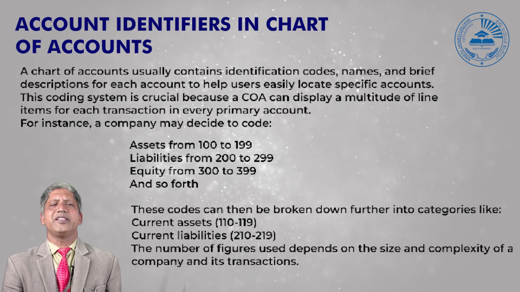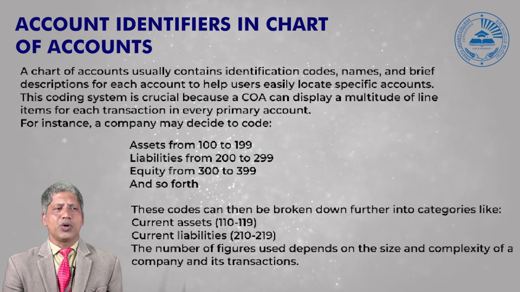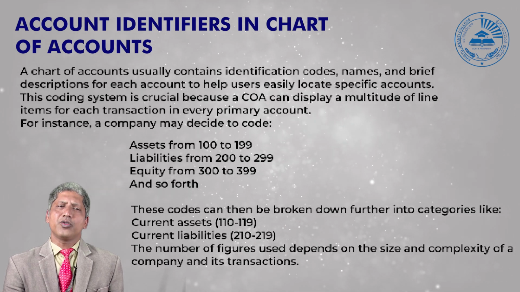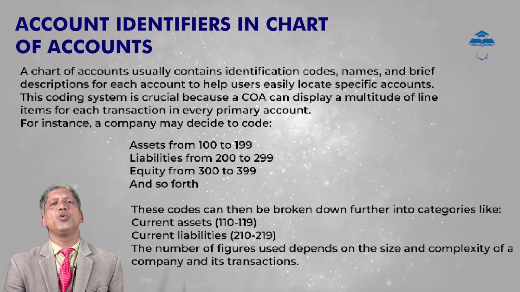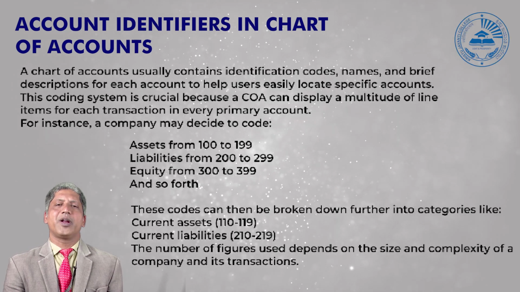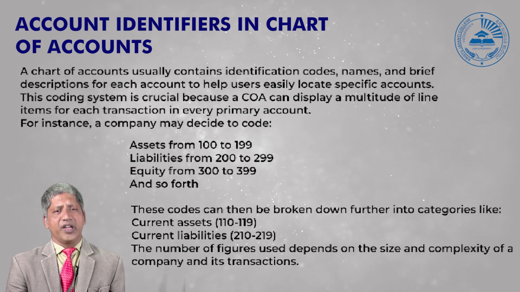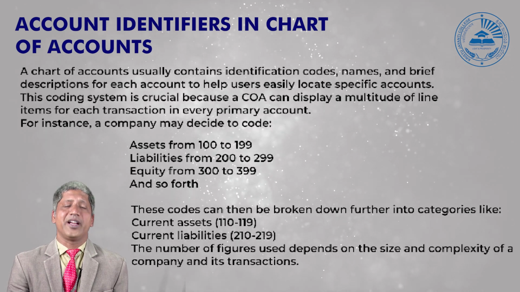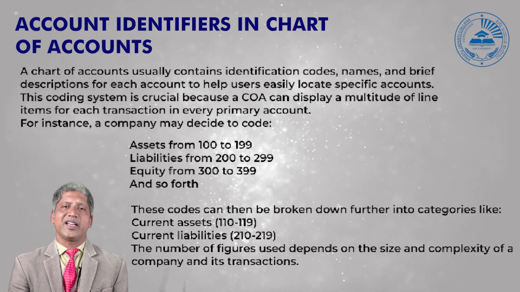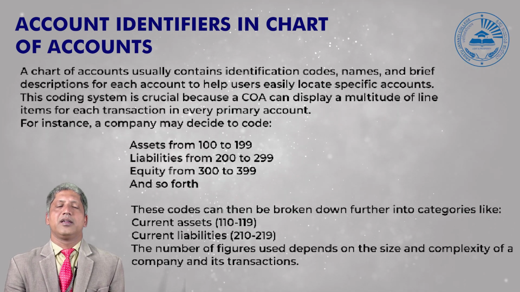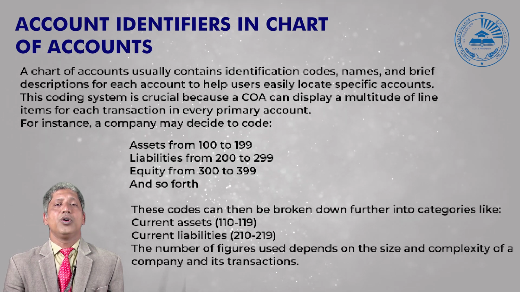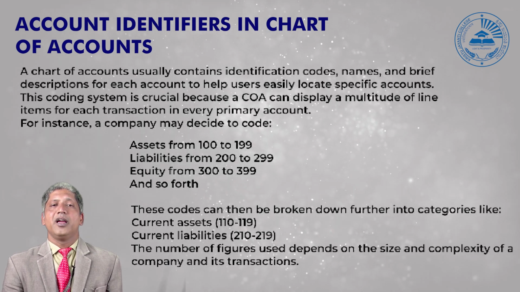It is very simple. You can code all the assets from 100 to 199, all the liabilities from 200 to 299, and all the equities from 300 to 399. If you have more subcategories under the main category of assets, then 100 to 199 is not enough.